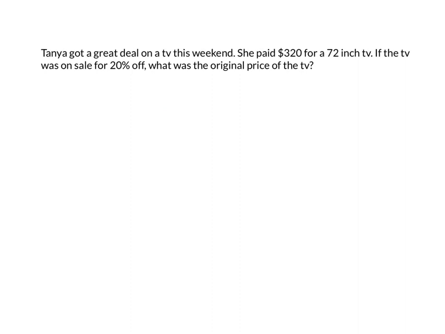Tanya got a great deal on a TV this weekend. She paid $320 for a 72-inch TV. If the TV was on sale for 20% off, what was the original price of the TV? So she didn't pay full price. So the $320, again, is not 100% because she didn't pay 100% of the price.